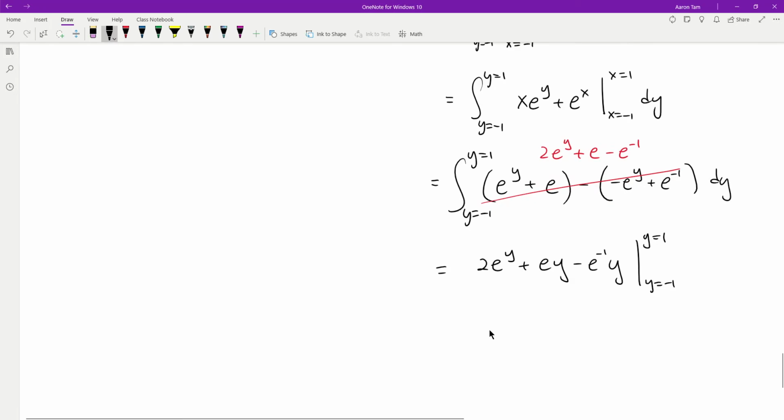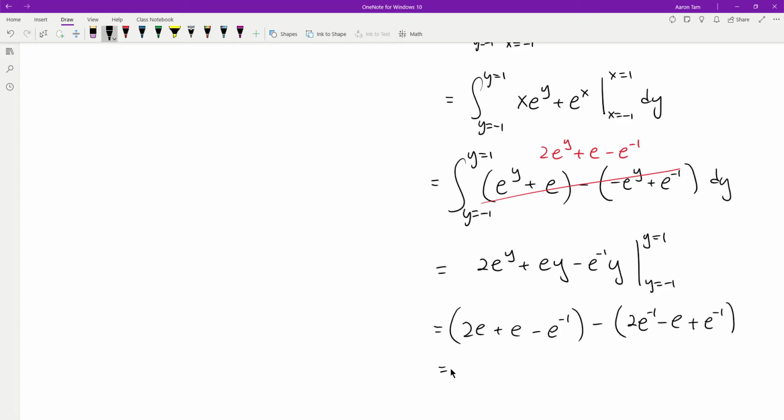So go ahead and plug in 1, I get 2e plus e minus e to the negative 1. Minus, when I plug in negative 1, I get 2e to the negative 1 minus e plus e to the negative 1. So if I distribute everything correctly, I have 2e plus e plus e, which becomes 4e, and negative e to the negative 1 minus 2e to the negative 1 and minus e to the negative 1 becomes minus 4e to the negative 1.